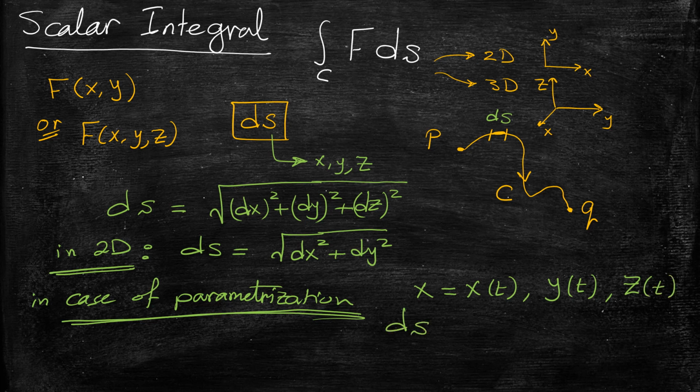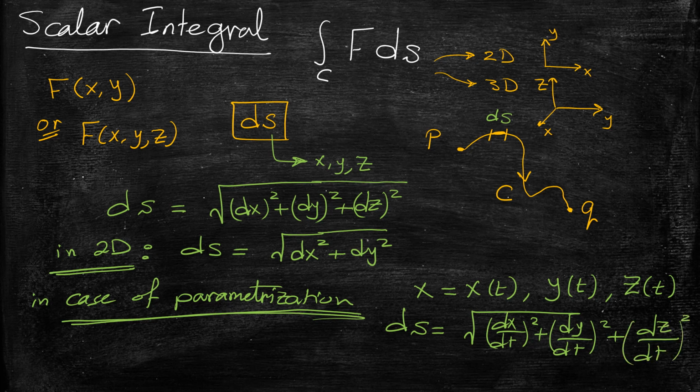So ds can be written as the square root of (dx by dt) squared plus (dy by dt) squared plus (dz by dt) squared, with all of these terms multiplied by dt.